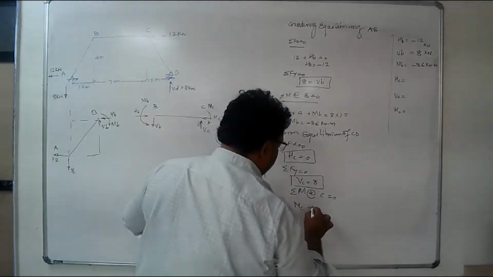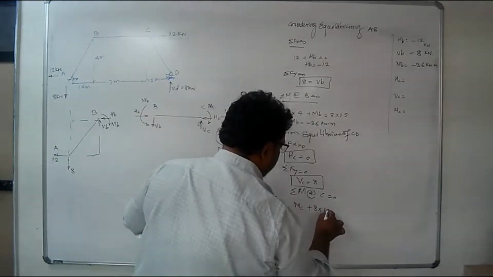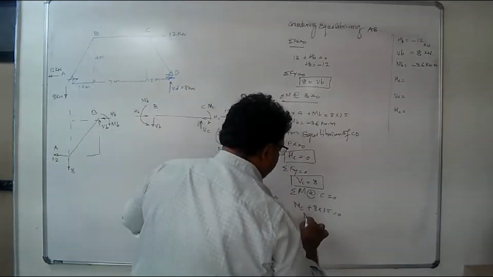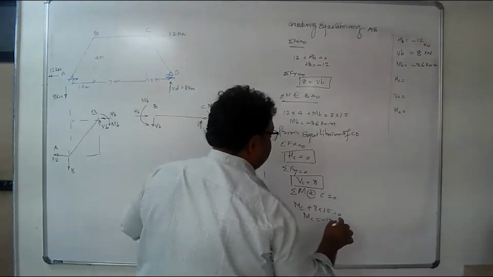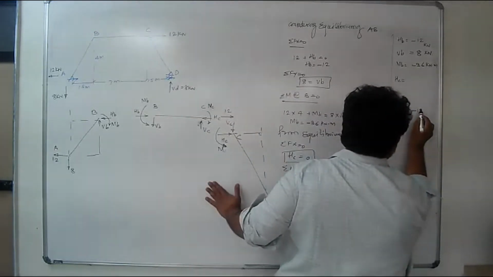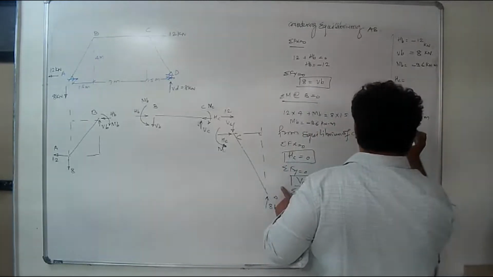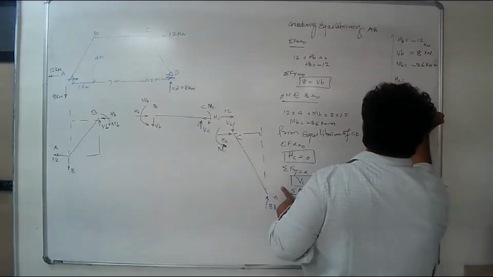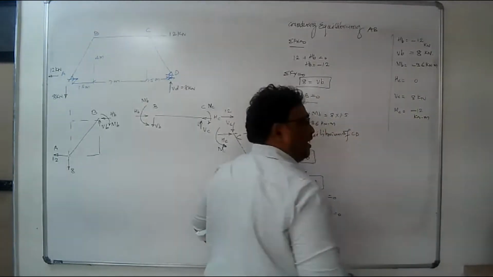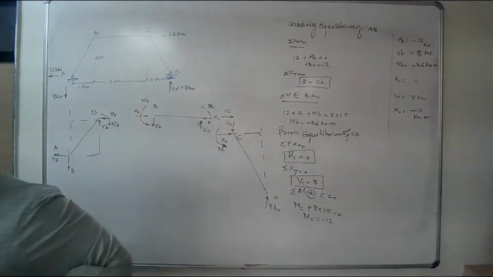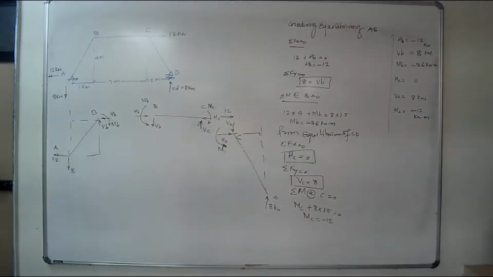So it is plus 8 into 1.5 is equal to 0. So MC is equal to minus 12 kilonewton meter. VC is equal to 8 kilonewton and SC is equal to 0. That's all finished. So here we have got the required unknowns.